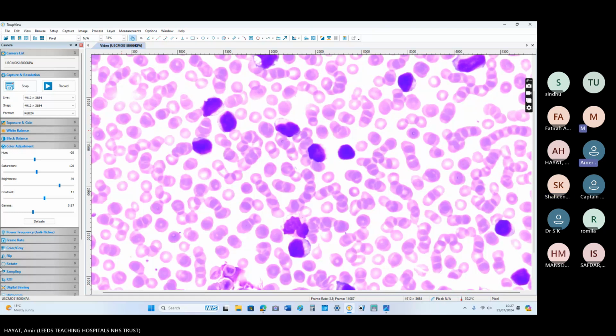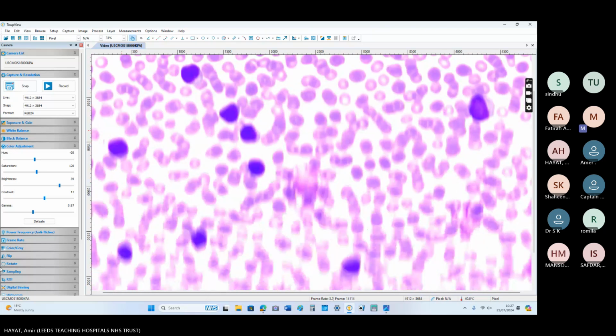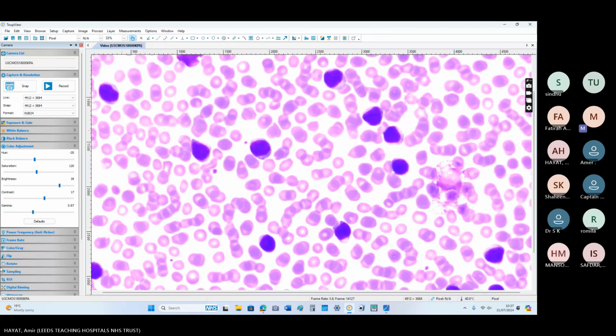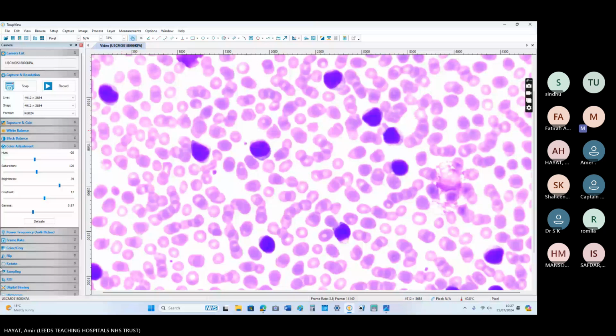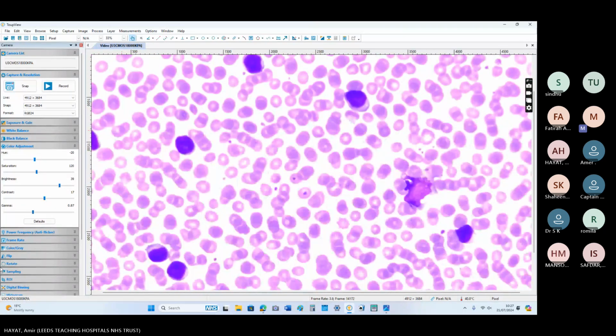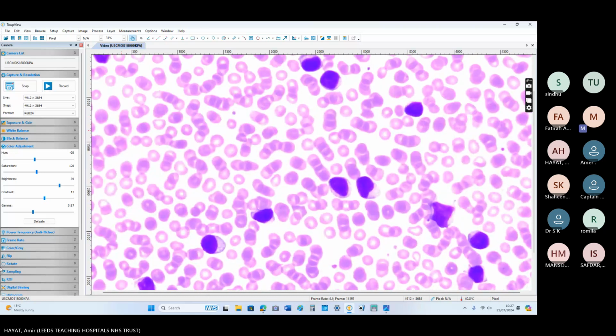So the blood film findings show marked leukocytosis with a predominant population of atypical lymphoid cells, which are variable in size, small to medium. The small cells have a high N:C ratio, whereas some of the medium-sized cells have a scanty to moderate amount of agranular cytoplasm. The nuclear chromatin is condensed, mature, and there are no nucleoli, and some smudge cells are also seen.